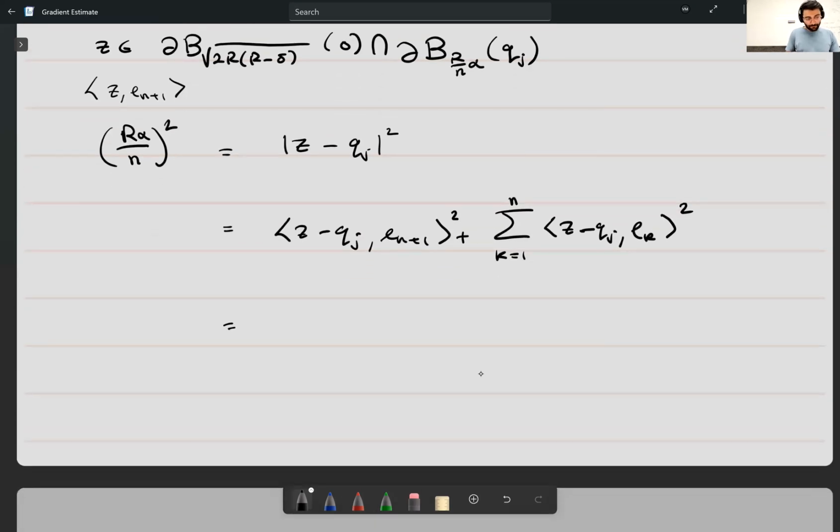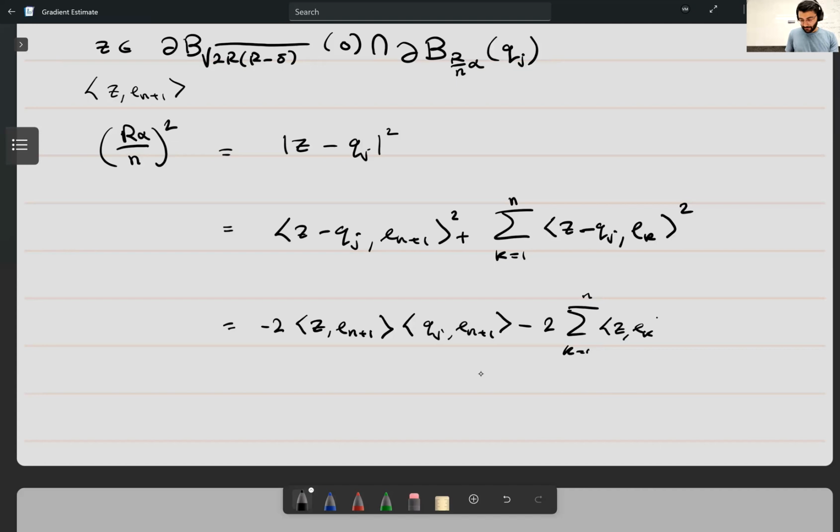And that gives me minus 2 Z en plus 1. So expanding this, qj en plus 1 minus 2 the sum over k equals 1 to n of Z comma ek qj comma ek, and then combining parts from this and this, I get Z squared plus qj squared.